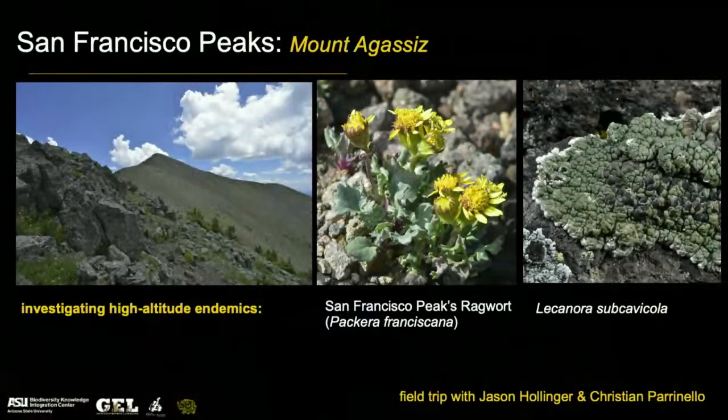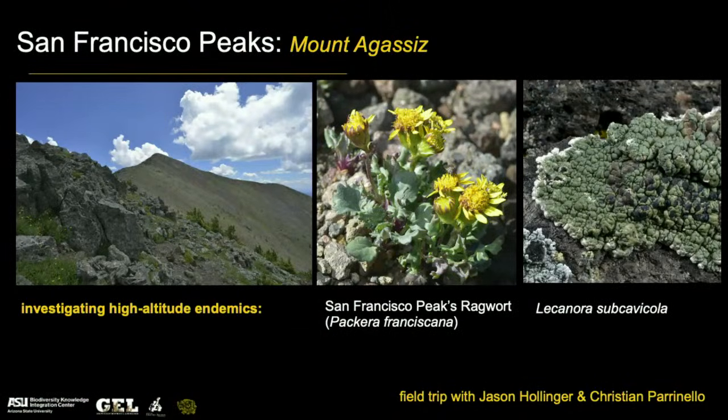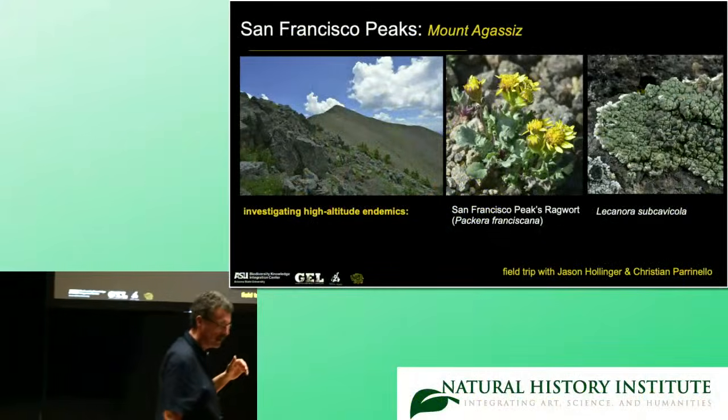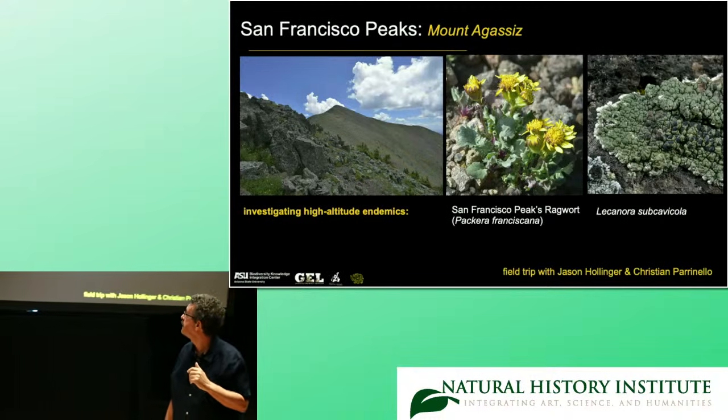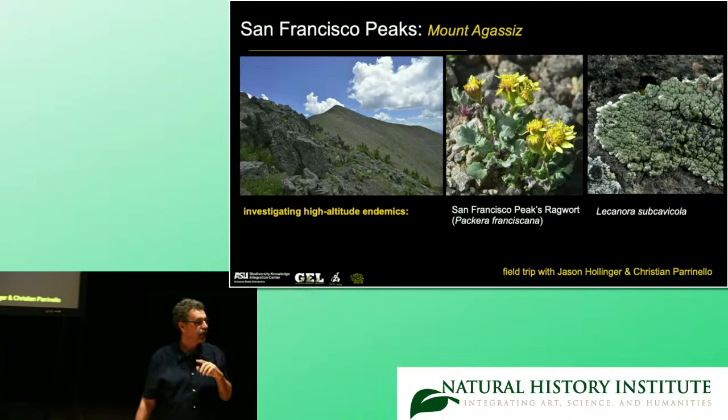One of the really interesting things, of course, in the desert is that out of these desert islands, and out of the Colorado Plateau particularly, sticks a huge mountain called the San Francisco Peaks. And one of these peaks, Mount Agassiz, named after plant curator Agassiz at Harvard, is off limits.